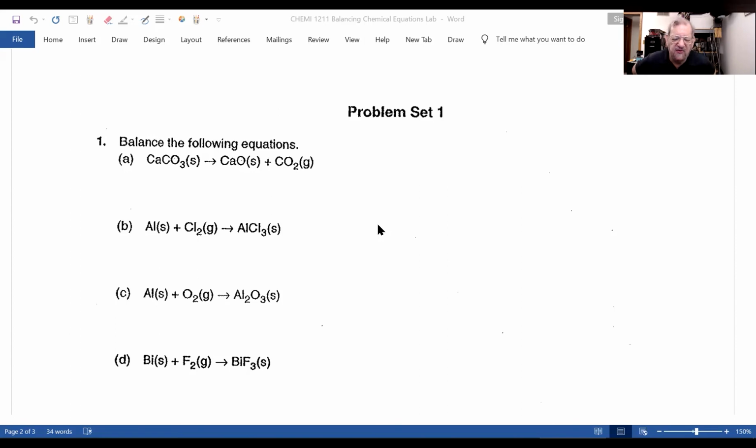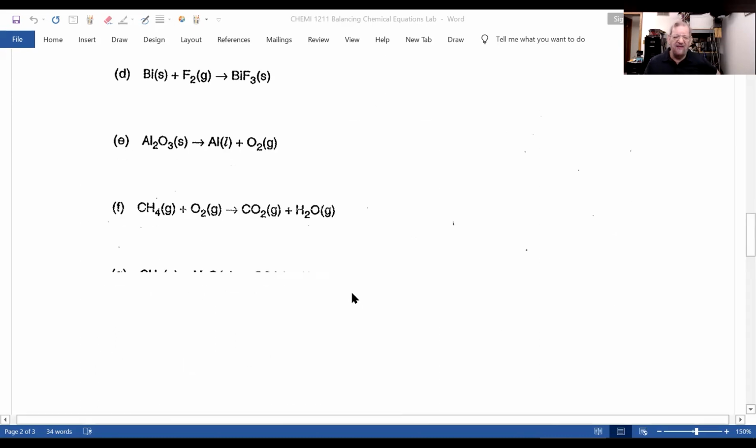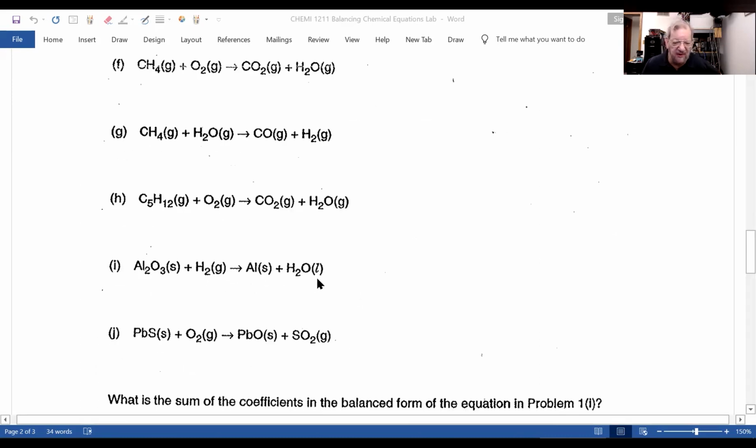Remember, you get the same number of atoms on each side of the chemical equation, and you can only adjust the numbers in front, the coefficients, not the actual chemical formula. Now we see S, which is solid, G, gas, and I think there might be one with liquid. There is L, liquid. Ignore those letters.